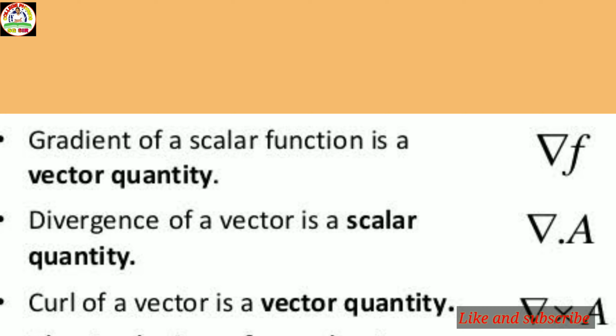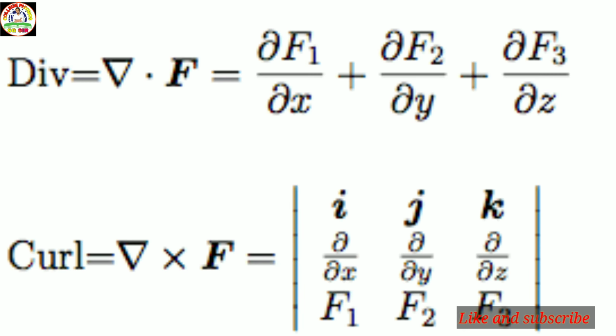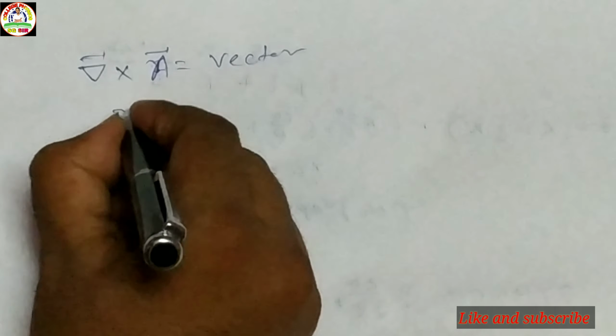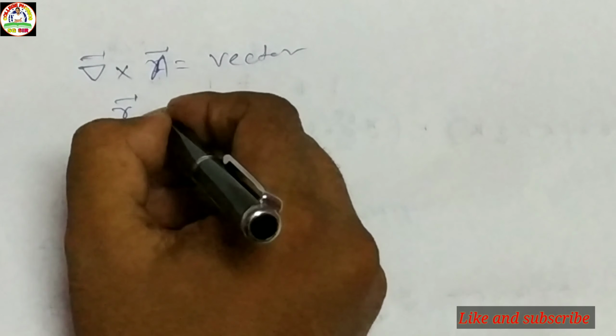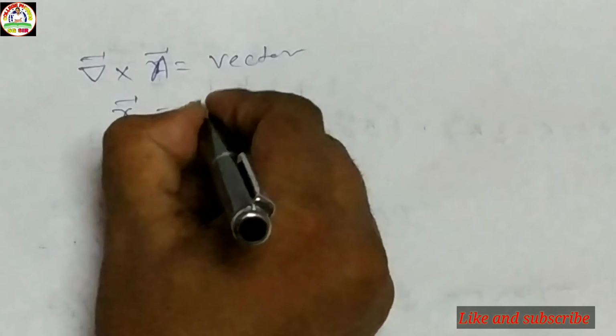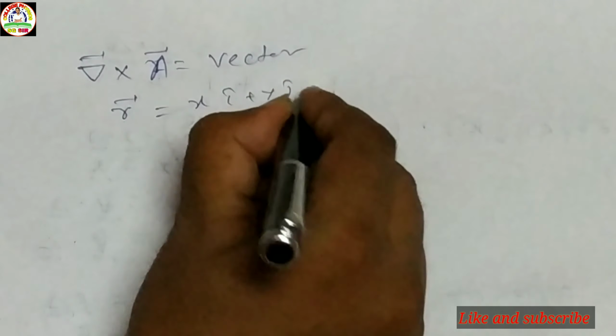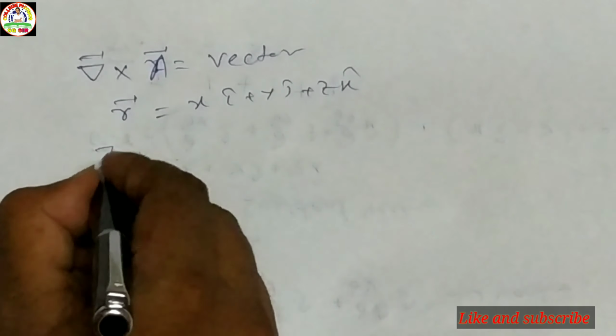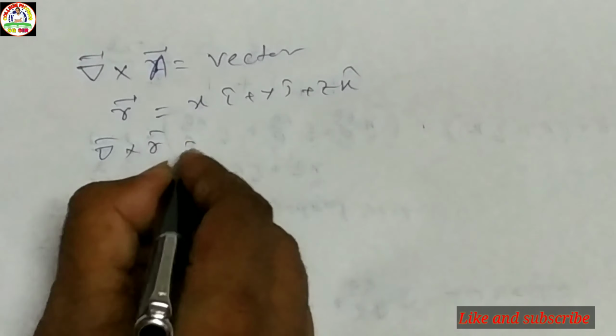Now, if A is a vector quantity and we operate on it by the del operator, then curl of vector A is also a vector quantity. And also remember, if r is a position vector, r equals xi cap plus yj cap plus zk cap, then curl of r is equal to 0.